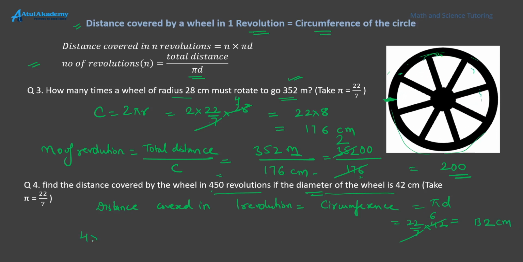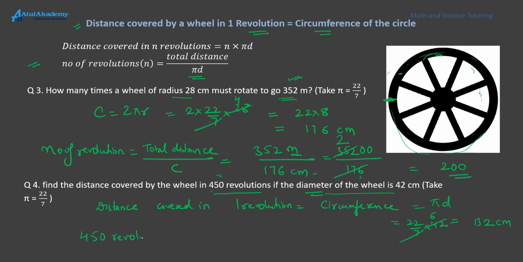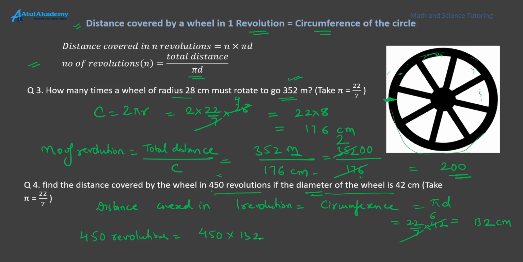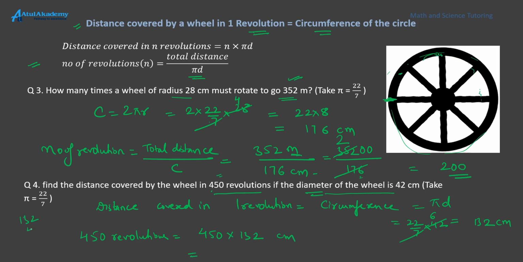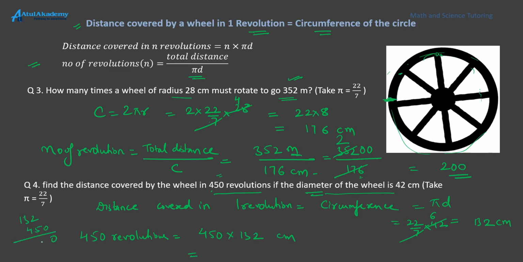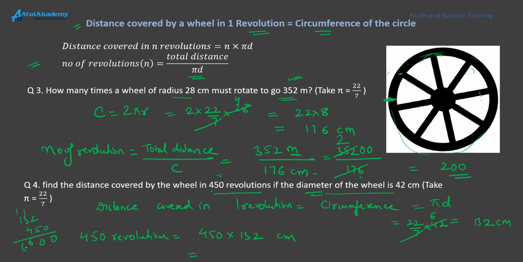So distance covered in 450 revolutions will be how much? 450 multiplied by 132 centimeter. So let's multiply. You can multiply 132 into 45, and the 10 will be as it is because it's 450. So 5 twos are 10, 1, 15, 16, 1, 6.